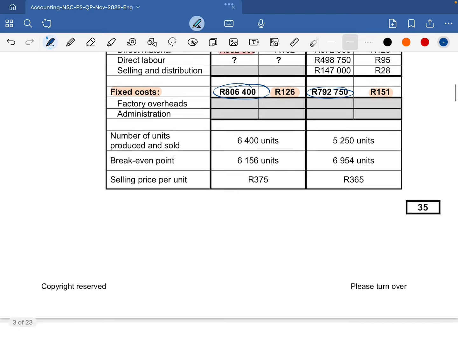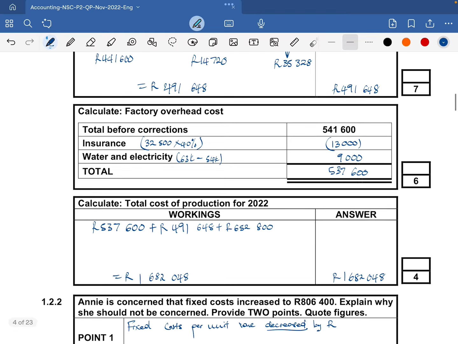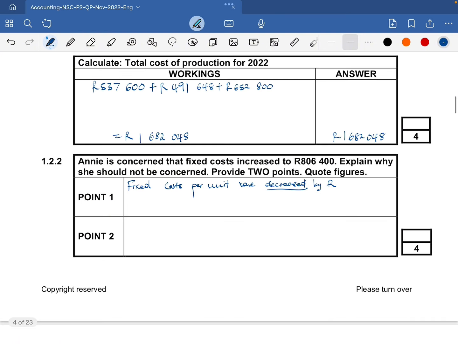It was from 151 to 126. Let's quickly get the difference, which is 25, decreased by 25, right? From 151 in 2021 to 126 in 2022.